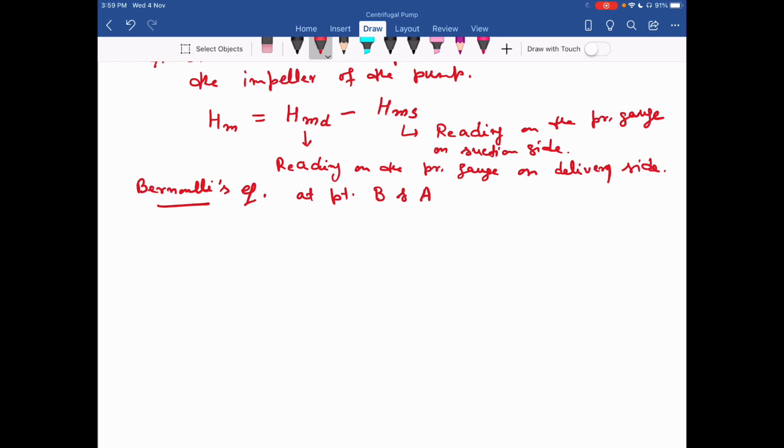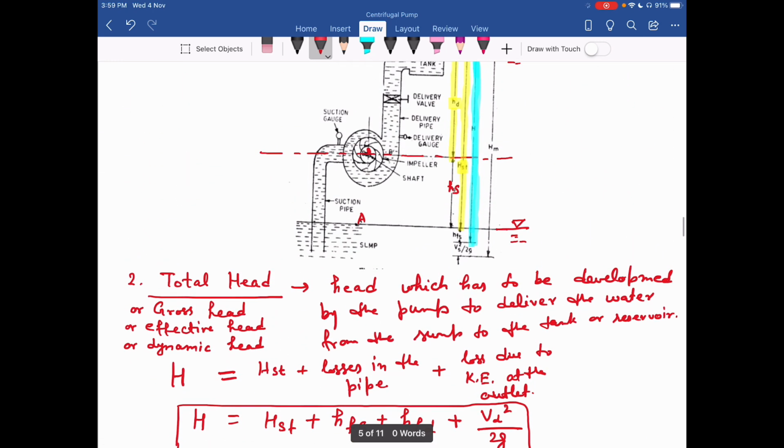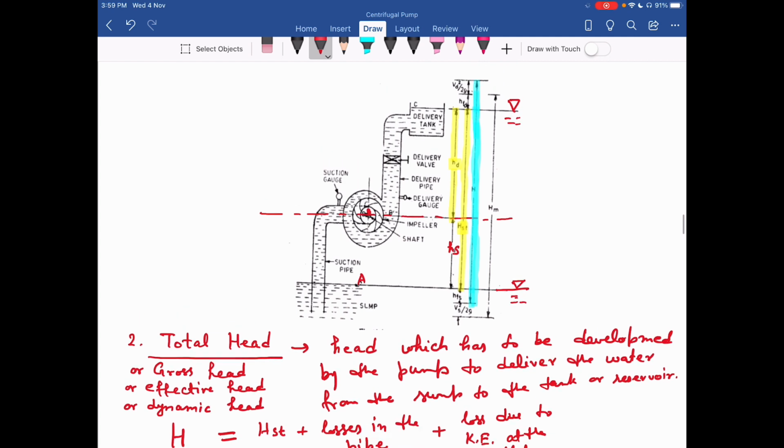Okay, so when I write this at point B, I have a pressure gauge giving me a reading of HMS.